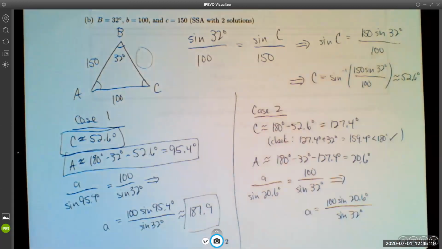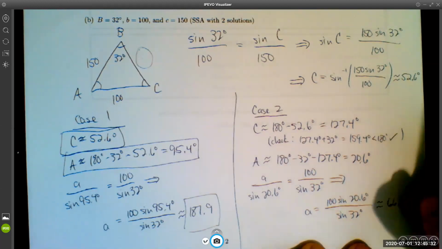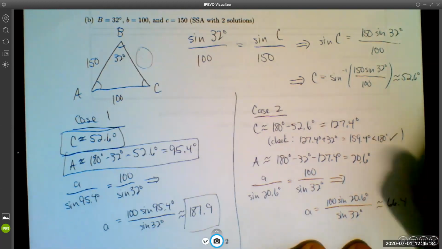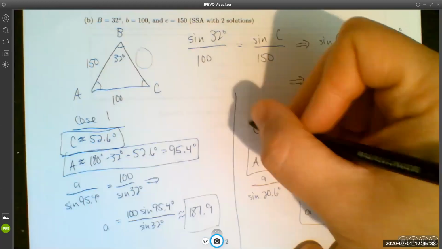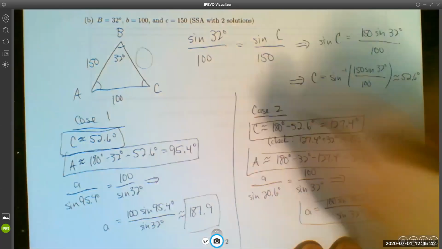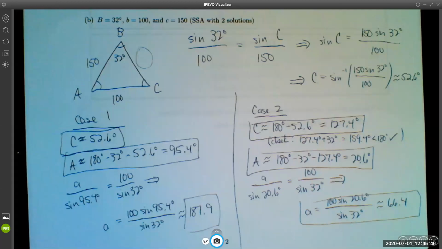So I'm going to change the 95.4 to a 20.6. And that gives me about 66.4. Okay, so there's the other possibility. So that's that, right? So that's how you deal with the ambiguous case.